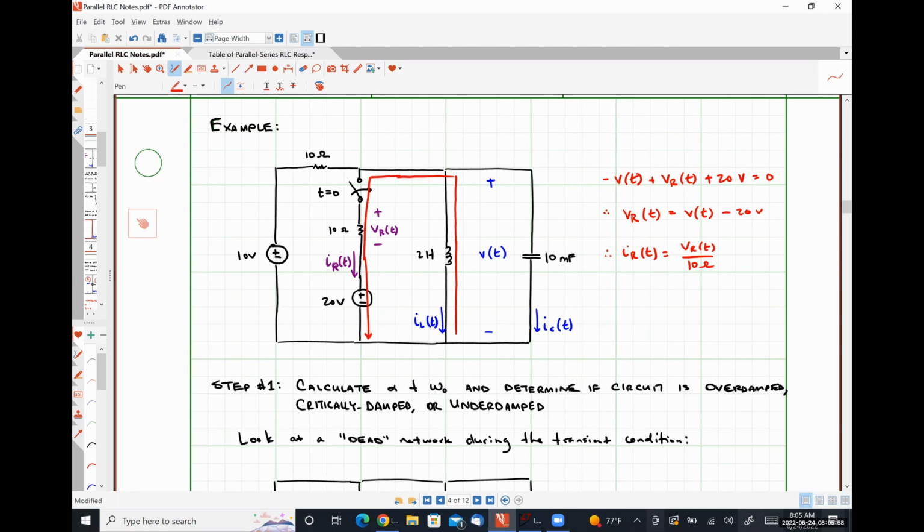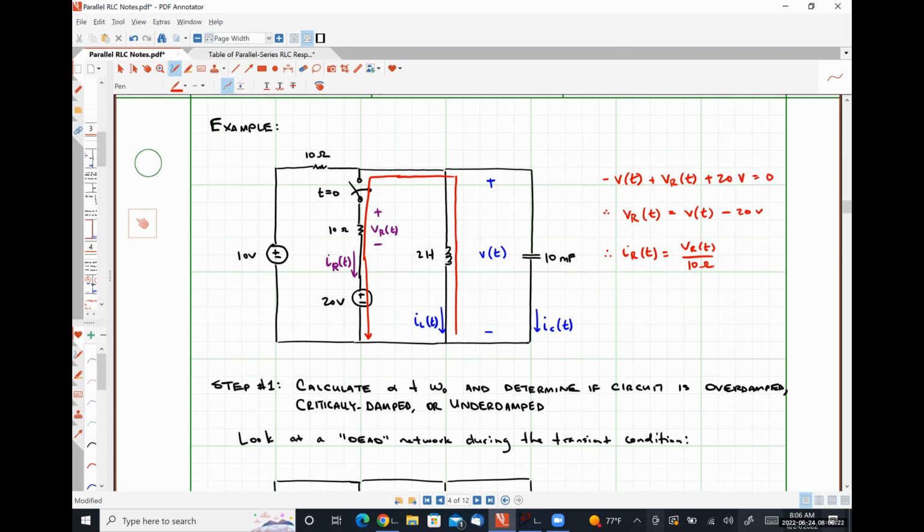But we cannot determine either of these two quantities until we know what that voltage V of t looks like. In order to know what that voltage V of t looks like, we have to also know what the inductor current is or what the capacitor current is.